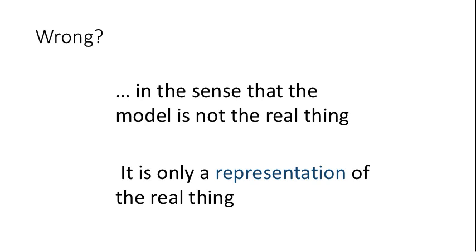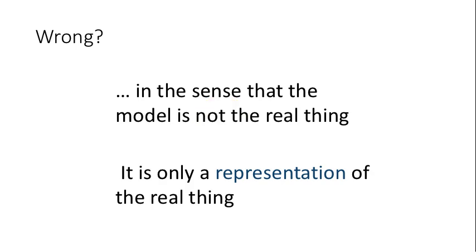What do you mean by the term all models are wrong? Wasn't our model for calculating the total cost based on the weight a correct model? In every single case, the model gave correct answers, right? So why do you say it's wrong? Well, models are wrong in the sense that the model is not the real thing.